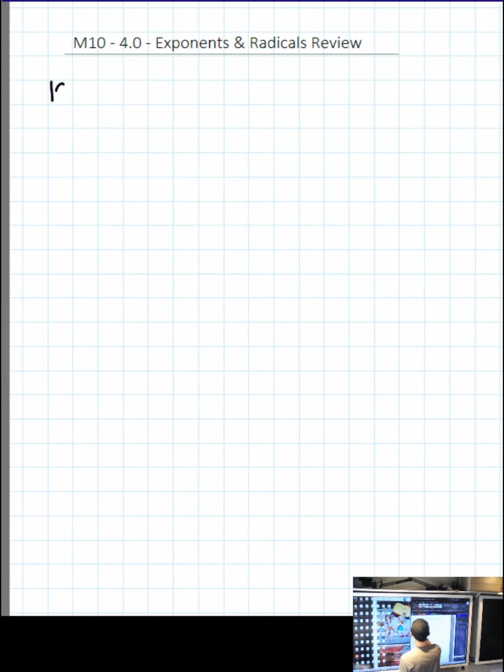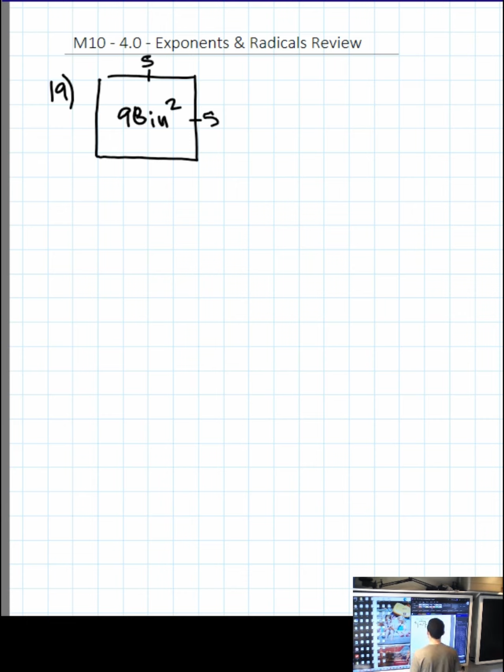Okay, question number 19. So, we have find the perimeter of this square. So we have an area of 98 inches squared and side lengths of s because they're the same. So area equals length times width, and specifically in a square, A equals s squared.